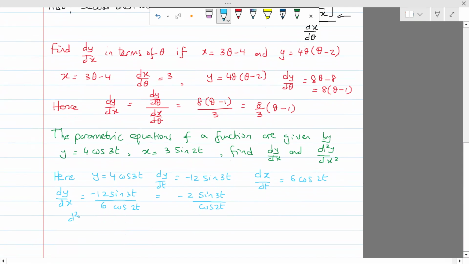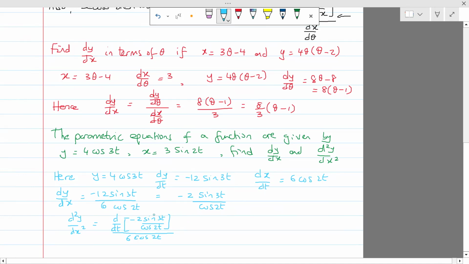Okay, now d2y by dx2 is the differentiation with respect to t of what I will have as dy by dx, divided by dx by dt, which is 6 cos of 2t.